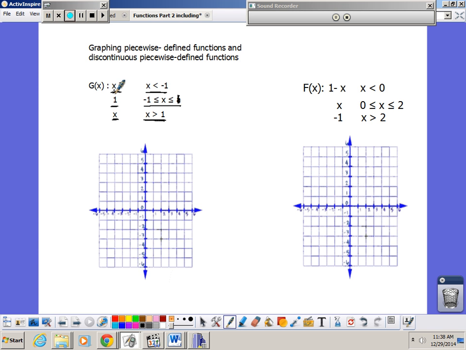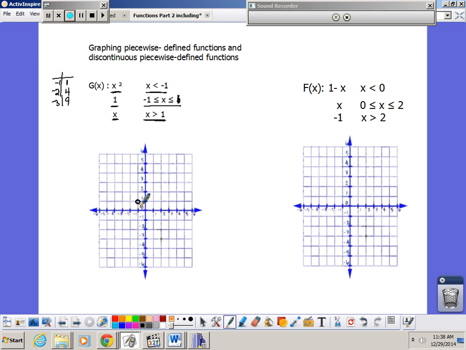So, this portion. If I want to start at -1, because it's less than -1, -1 squared is 1. Put in -2. -2 squared is 4. I put in -3. -3 squared is 9. So let's start with those points. At -1, I go to 1.